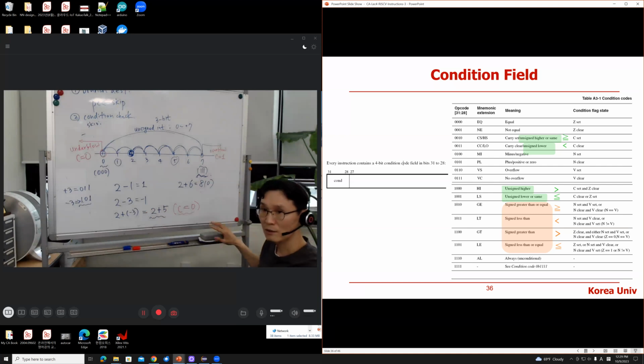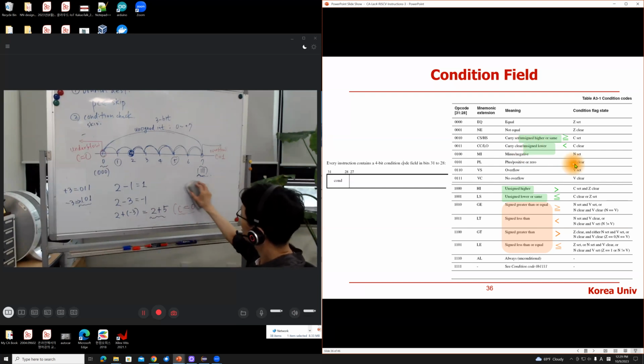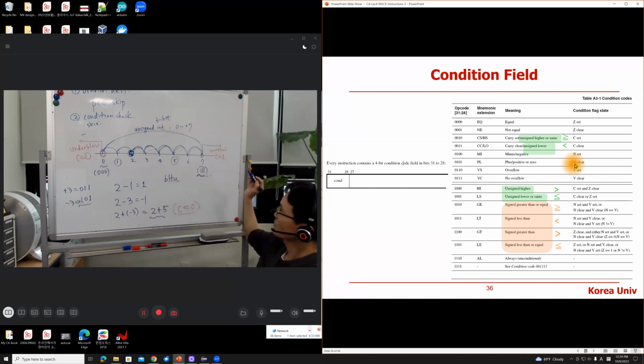So let's talk about this one now, unsigned lower, that condition. Think about this, lower, BLTU, less than, unsigned number comparison.